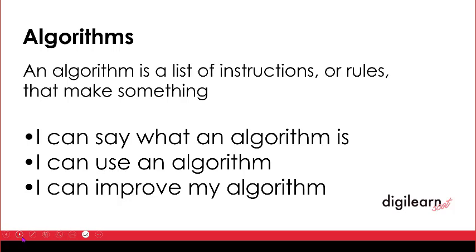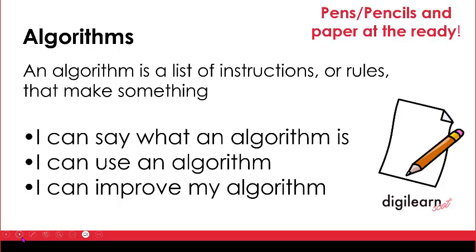And through this activity, we can see what an algorithm is, we can use an algorithm, and we're going to find out if we can improve our algorithm as well. So this is where we need a pen and paper, pencil, crayon, it might be a mobile device with a touch screen, absolutely anything at all. I'll just give you a second to get that organised.